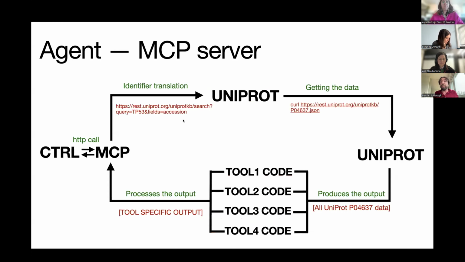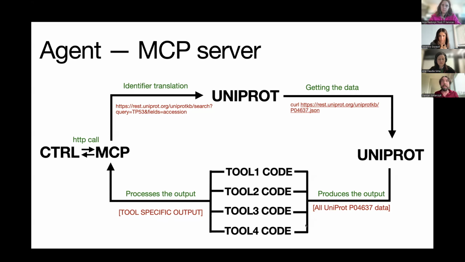For example, you can chain the calls. If the agent doesn't know how to translate to the Uniprot accession, then we can use the Uniprot API to translate the protein into the internal code, and then get the information about the protein.